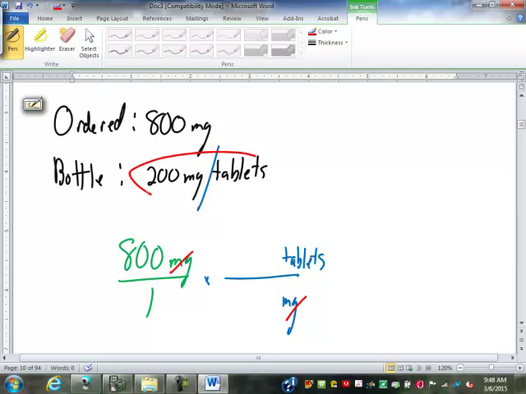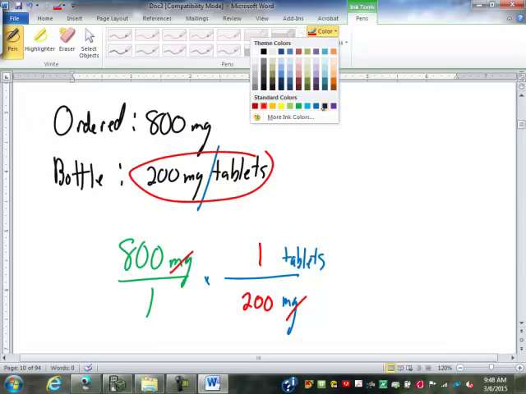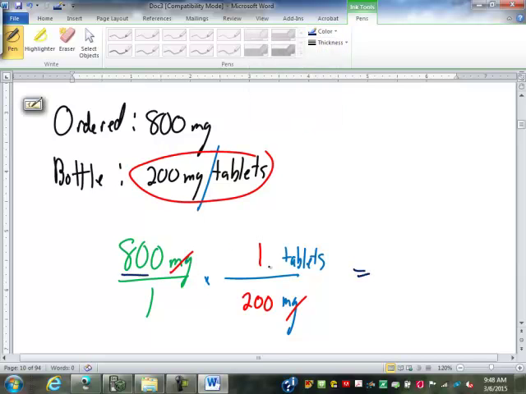And now the label is saying 200 milligrams per tablet, so per 1 tablet. And now, 800 times 1 tablet is 800 tablets. 1 times 200 is 200. We divide that out. 800 divided by 200 is 4 tablets.